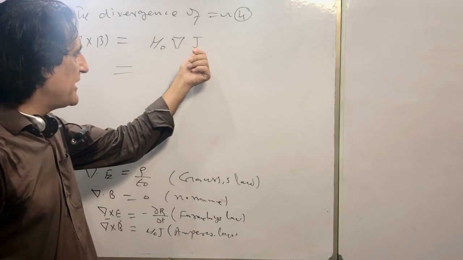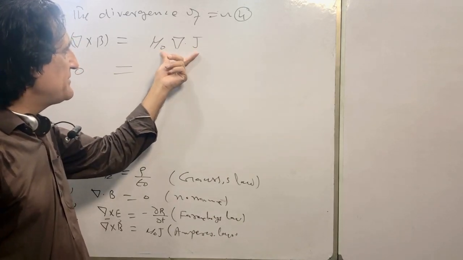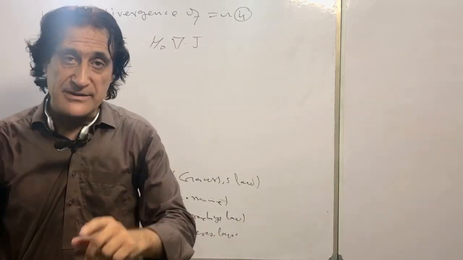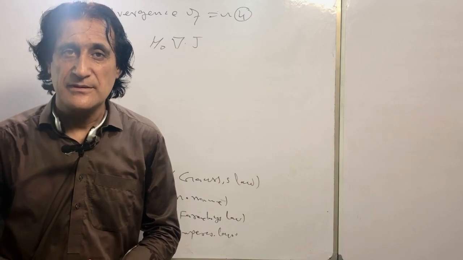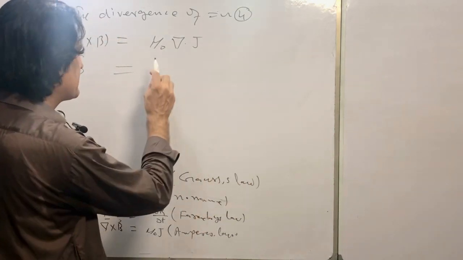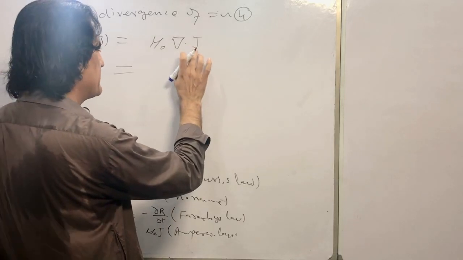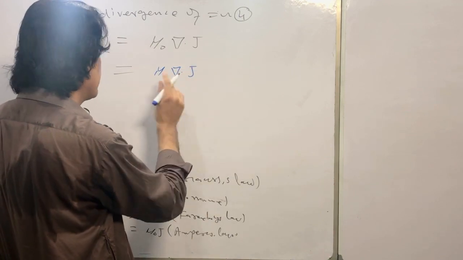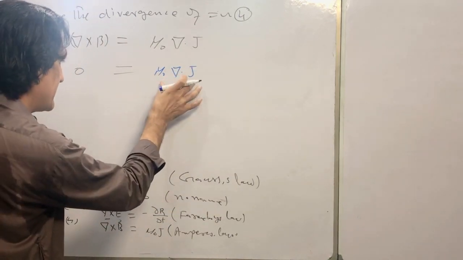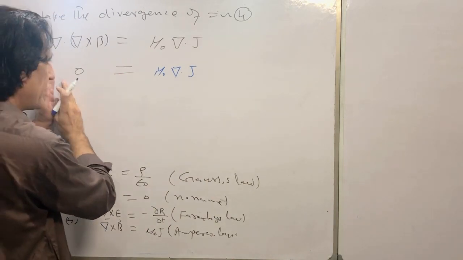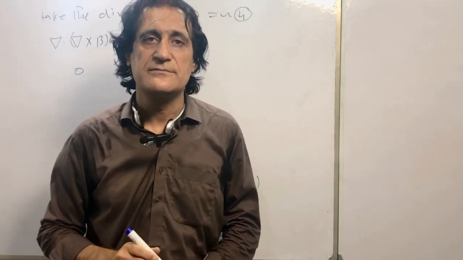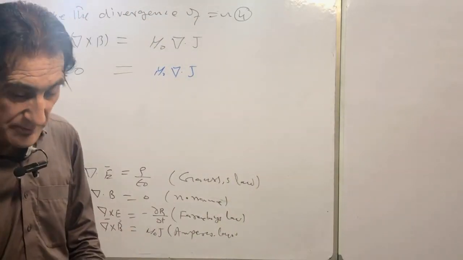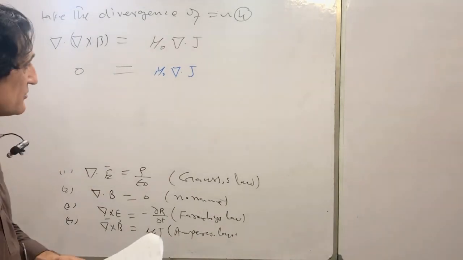If we have J as constant, then this is equal to 0 and this is equal to 0. But J does not always remain constant. Then what will happen? If J is not constant, it means that we have a nonzero divergence of J, and the left hand side and the right hand side are not equal. So there is some problem in this equation.